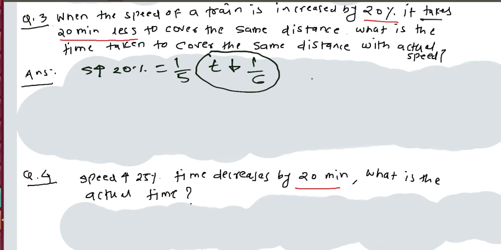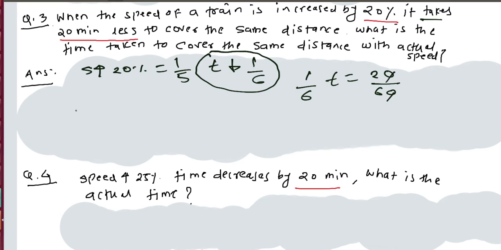So the decrease in time is 1/6 of the original time. Speed is increasing by 20% or 1/5, so the time will decrease by 1/6, and the decreased time is given to us as 20 minutes. So 1/6 of original time is equal to 20 minutes, or 20 by 60 hours.